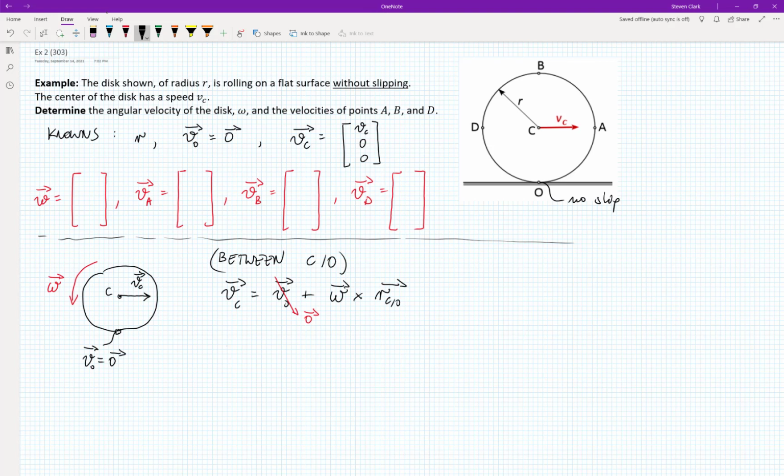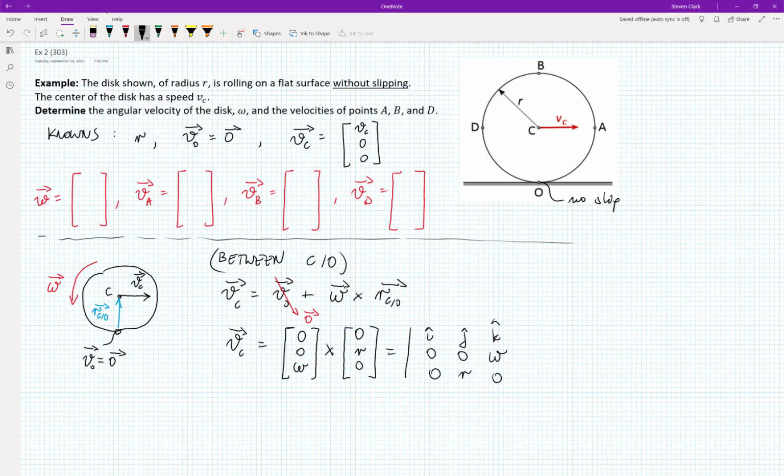And our VC will have the following expression. (0, 0, omega), since I assumed that omega is positive, times this vector. Aha, I must draw this vector first. This is RCO. And this will be (0, R, 0). Okay, determinant. (0, 0, omega), (0, R, 0).